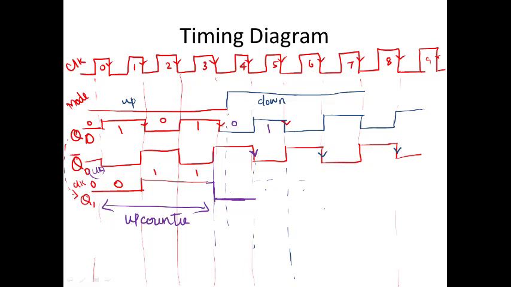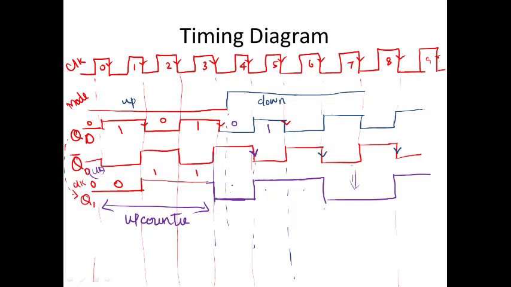Now my clock is Q0 bar, so here it toggles to high from low. Okay, so now this is going to be my clock pulse.